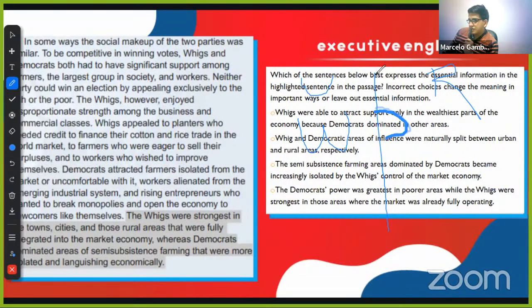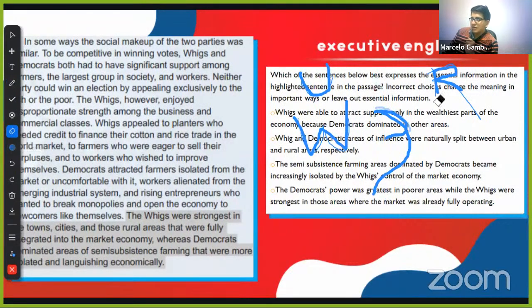They have a very significant portion here as well. So if this is urban and this is rural, here you have the Whigs. They have a very significant portion of the rural areas because they were strong in rural areas where they were fully integrated into the market economy. So B is not correct, right?